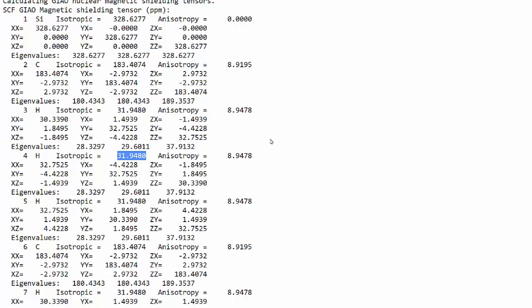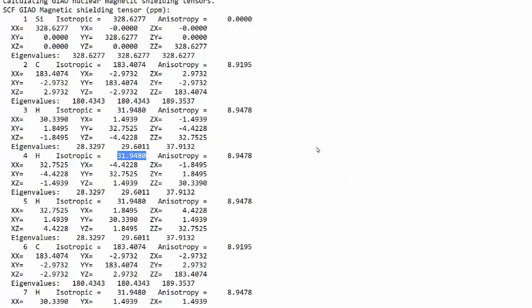So maybe for a proton, instead of 32, you might see something like 28. And then the actual shift would be 32 minus 28. That's where it's actually going to show up in the spectrum itself.